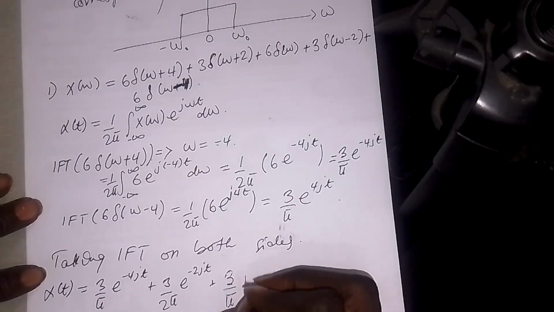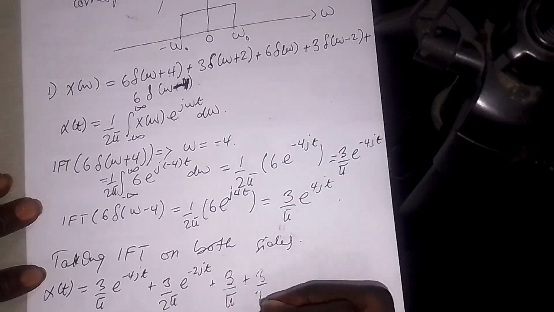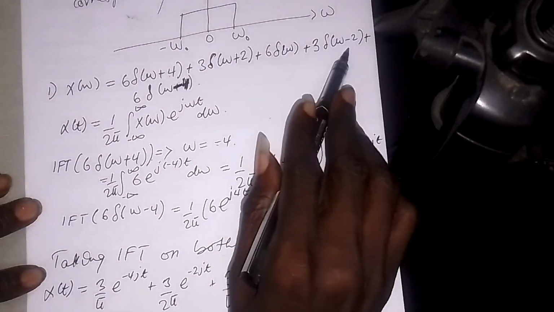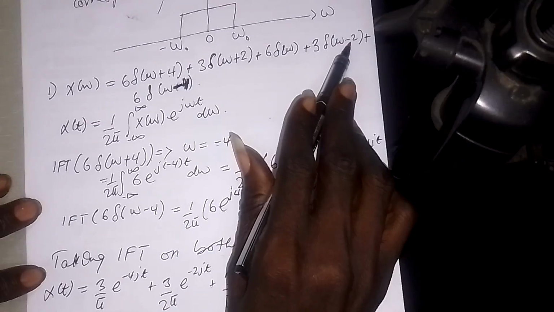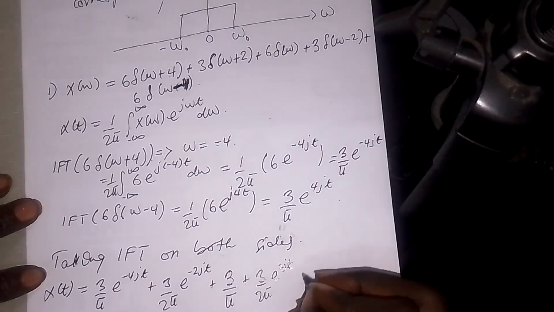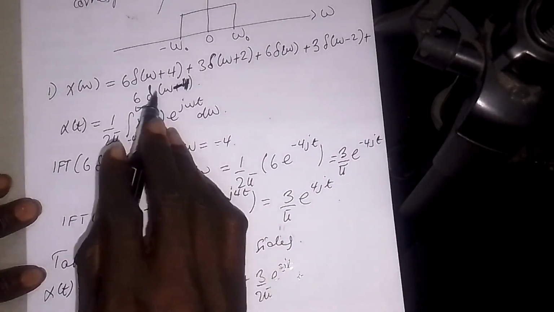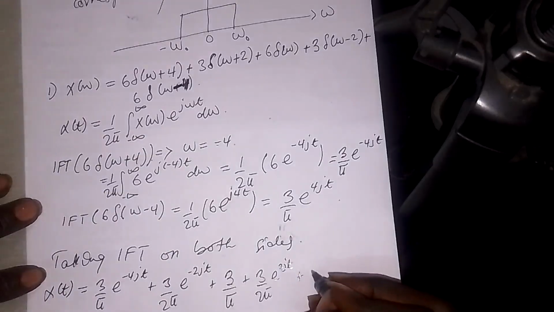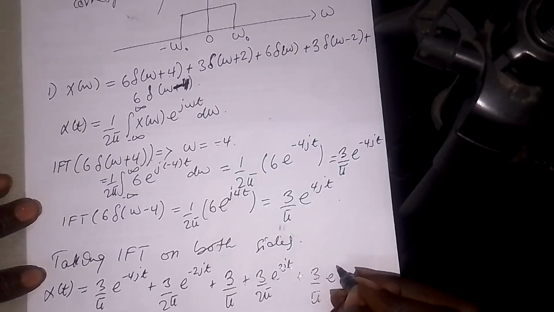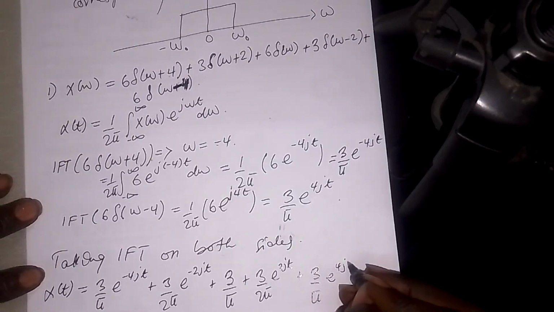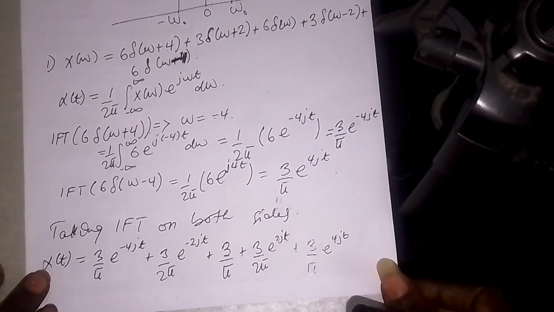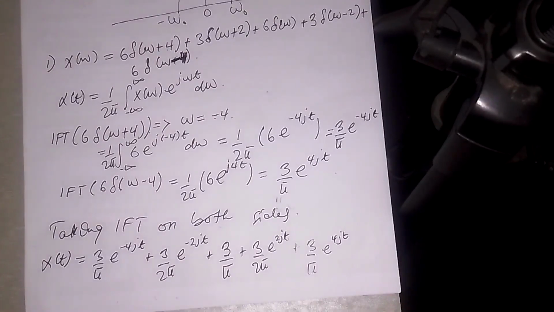And then the next one will be plus 3 on 2 pi into e exponent, here occurring at 2, so 2jt. And here I'm going to get 3 on pi into e exponent 4jt. So this is what I am going to have.